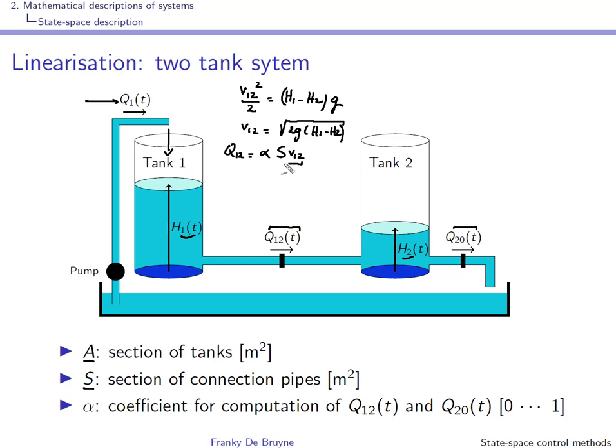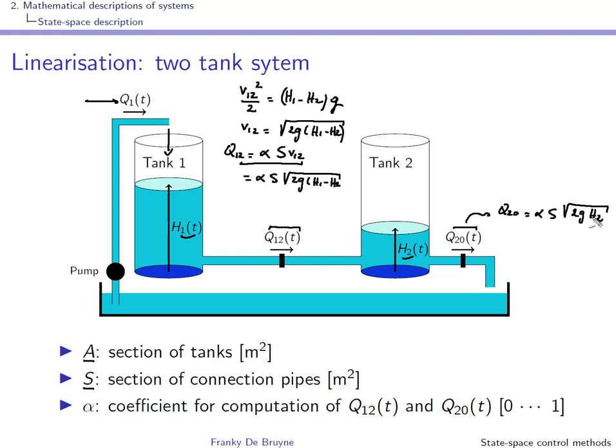So Q12 written in full is alpha S square root of 2G (H1 minus H2). And for this one you would have something similar: Q20 is alpha S square root of 2G H2.